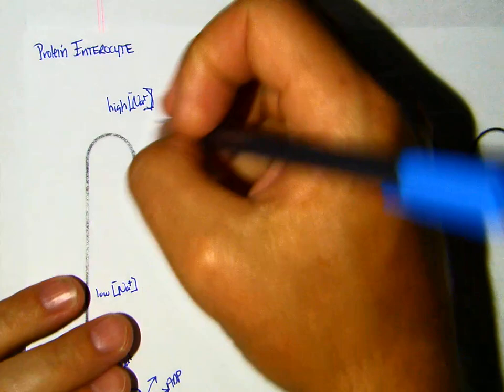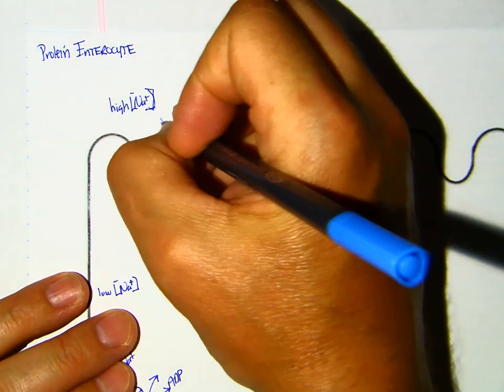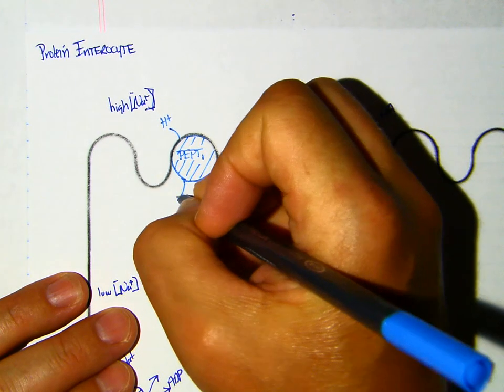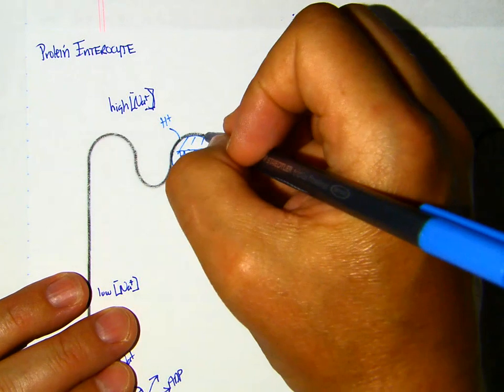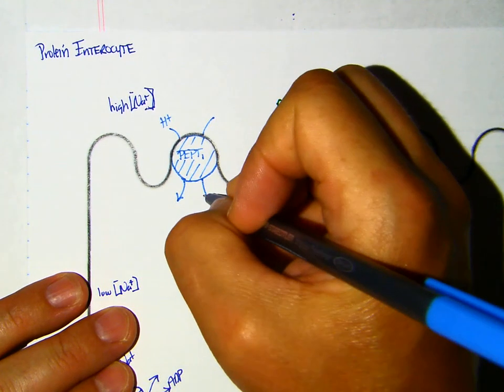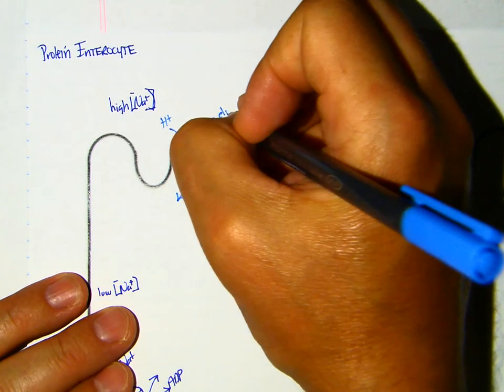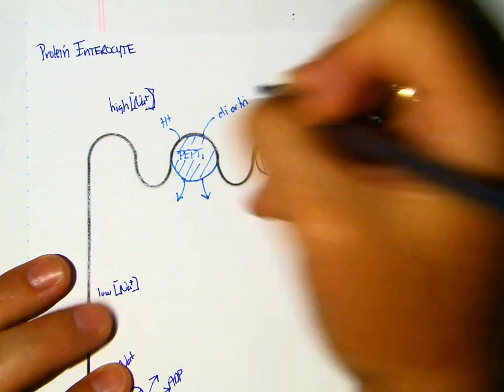And PepT1, we're going to bind a proton, bring that into the cell, and we'll bind either a di or tripeptide.